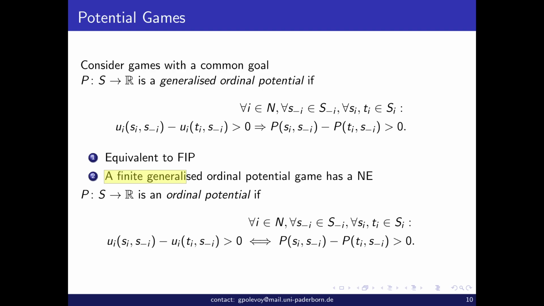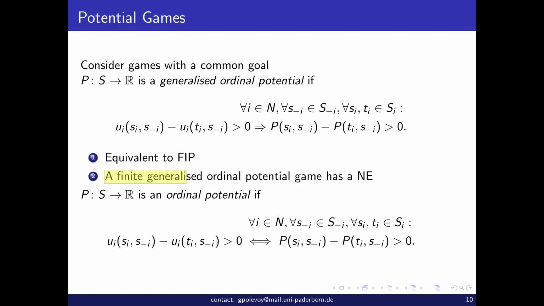So already in this weak definition of a generalized ordinal potential, we have that a finite game has a Nash equilibrium. That's a very important property. Finding the Nash equilibrium in general can be hard, but we know that it exists.